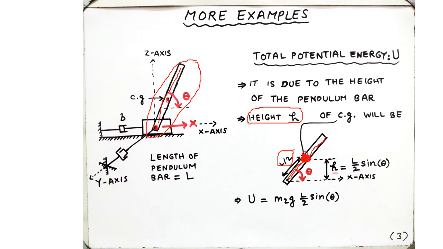That will simply be L over 2 times sine theta. So the potential energy will be m2 g times L over 2 times sine theta. That is the total potential energy of the system, given that there is no other element contributing to the potential energies.